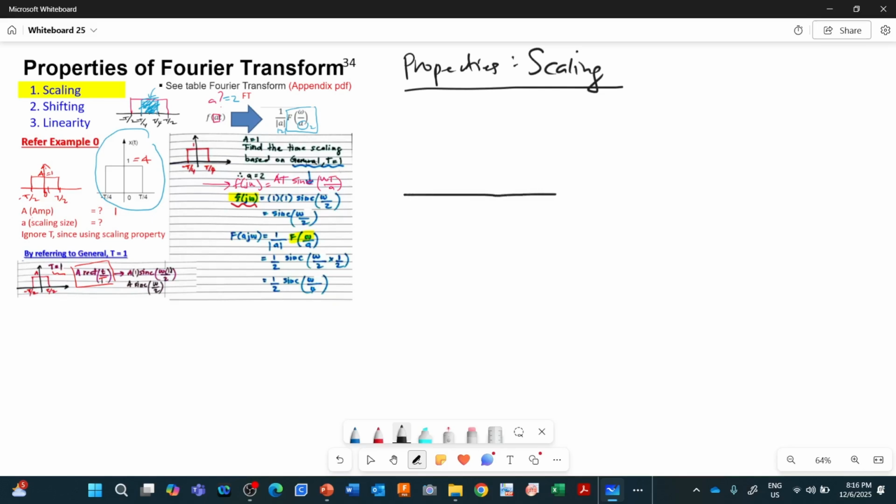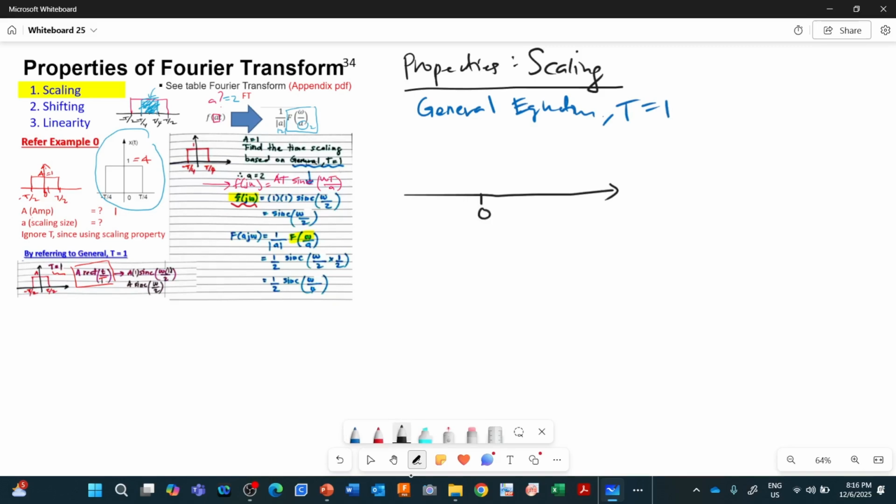So basically, for the general equation, I'm going to write here. The font size is okay at the back? Okay. The general equation signal is basically at T equal to 1. So if you were to draw T equal to 1, how does the graph look like?